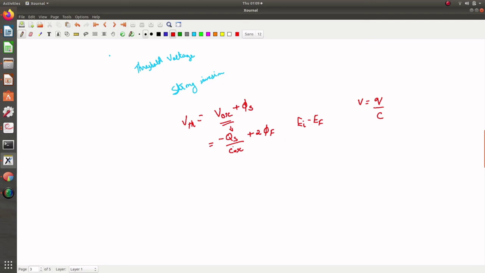And at the onset of inversion, Qs is equal to Qdm.